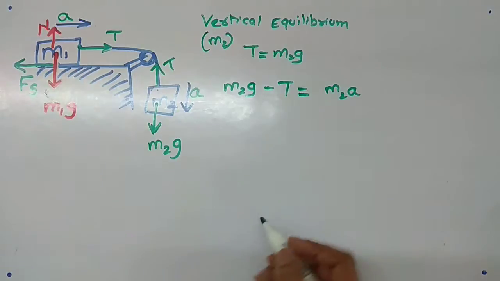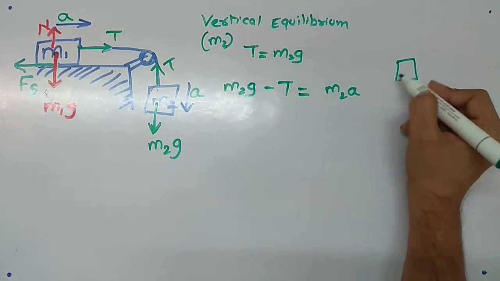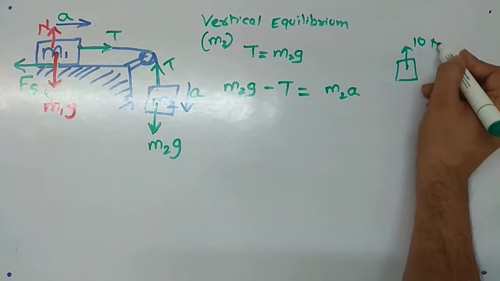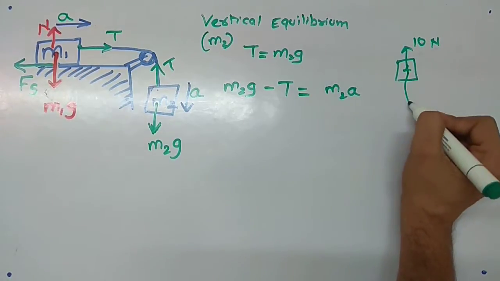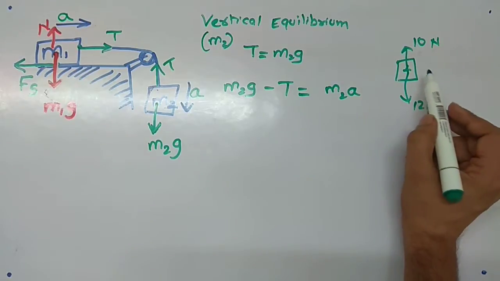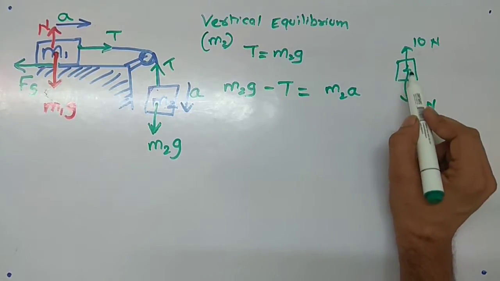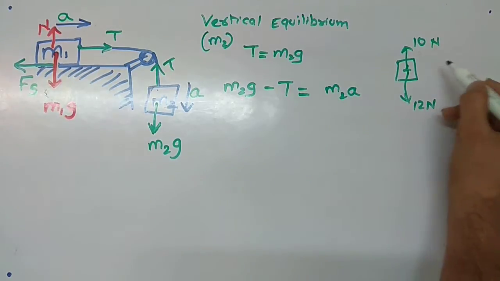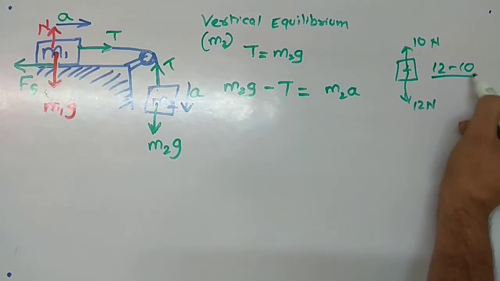For those who are confused, I will explain with an example. Suppose there is a force of 10 Newton acting upward, and a force of 12 Newton acting downward. How do we say in which direction this object is going to move? We will say in the downward direction. With what force? 12 minus 10.